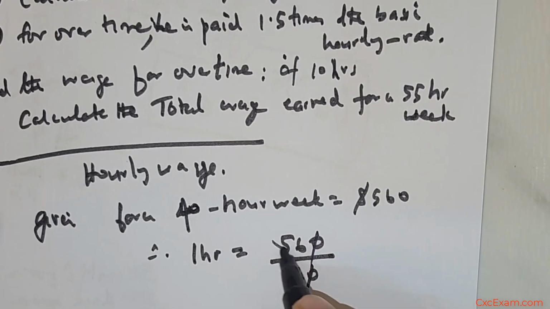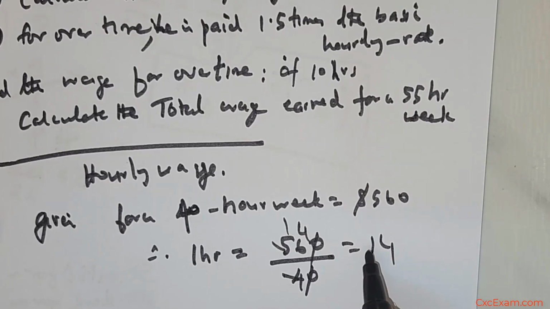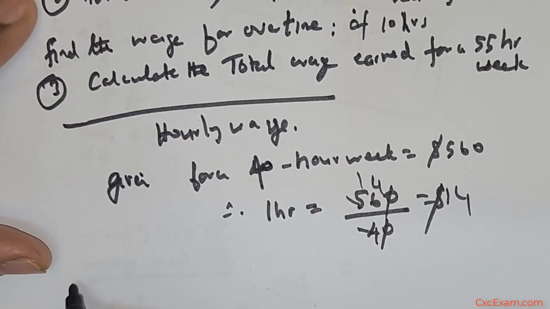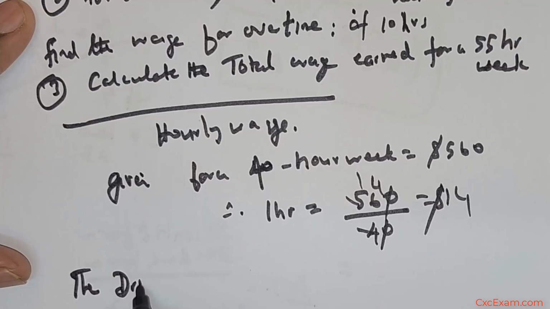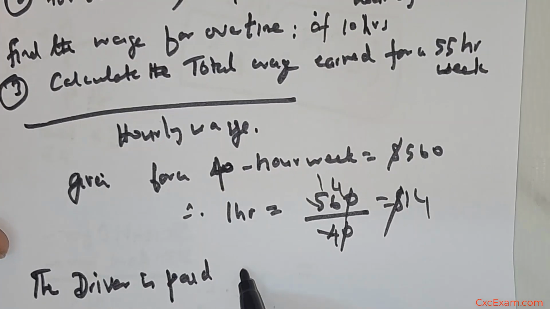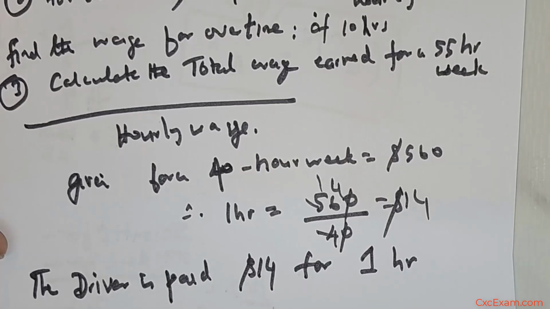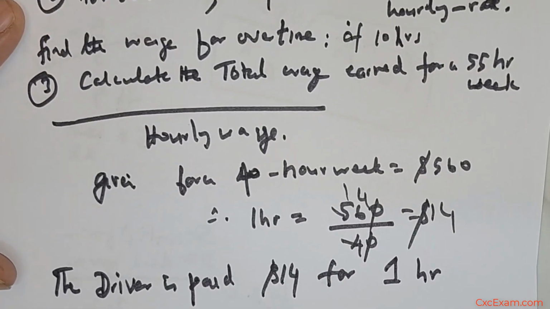So that means 4 will divide 56 once, and you have 16 there. So that means you get $14. So the driver is paid $14 for 1 hour. So that is the rate at which the driver is getting paid.